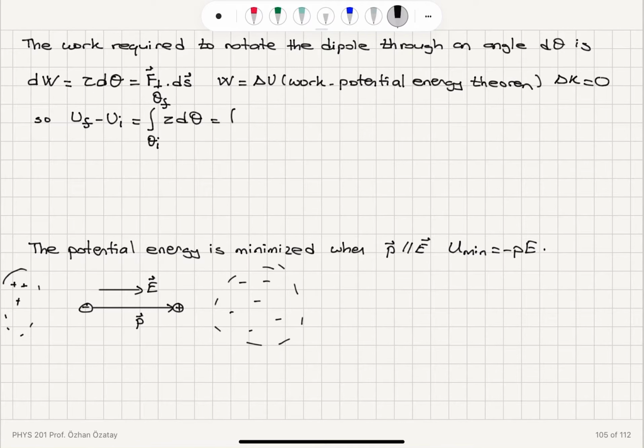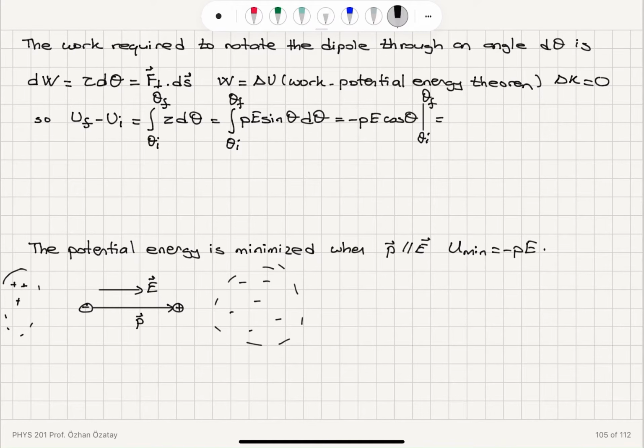This is the integral from initial angle theta to final angle theta of torque, which is PE sine theta d theta. So this will become minus PE cosine theta. Derivative of cosine is minus sine, evaluated between initial angle and final angle.